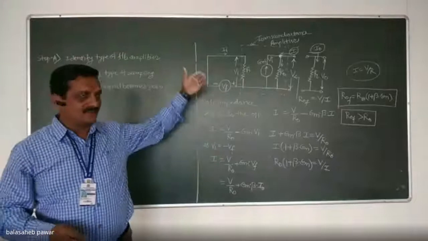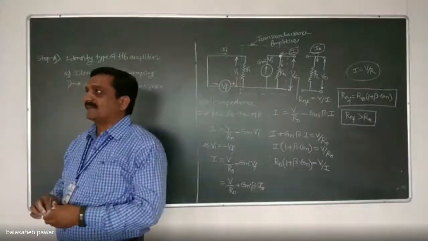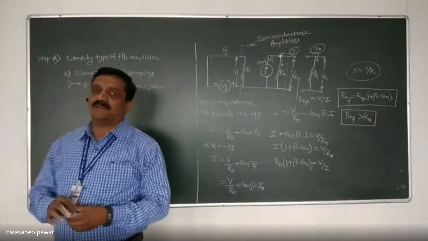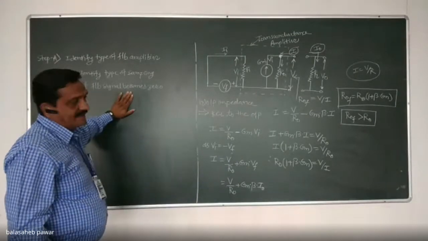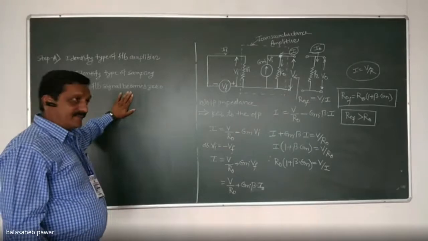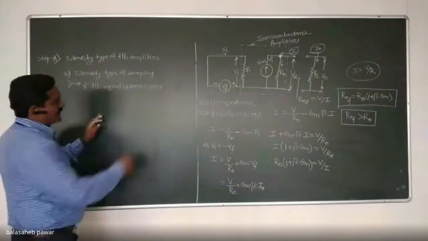At this stage, just note down these important steps. By making the output equal to 0, by providing a short circuit to the output, if the feedback signal becomes 0, then it is voltage type of sampling.